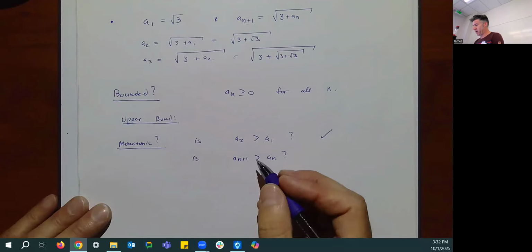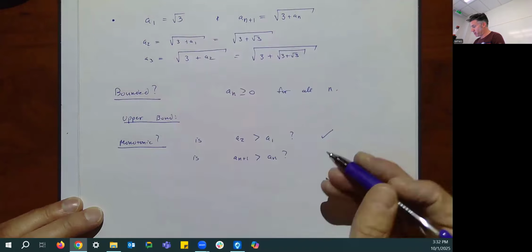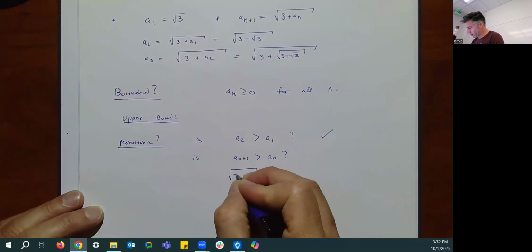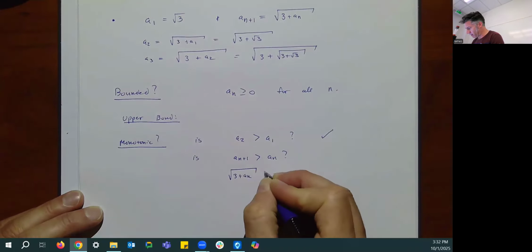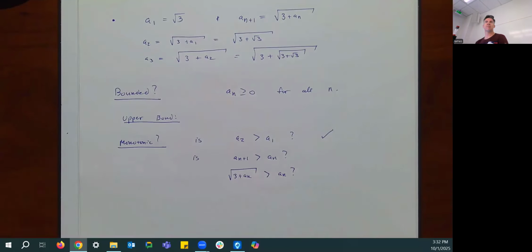So the question is, here's my a sub n plus 1. Is the square root of 3 plus a sub n bigger than a sub n? Well, we're going to try and solve this inequality by isolating a sub n.